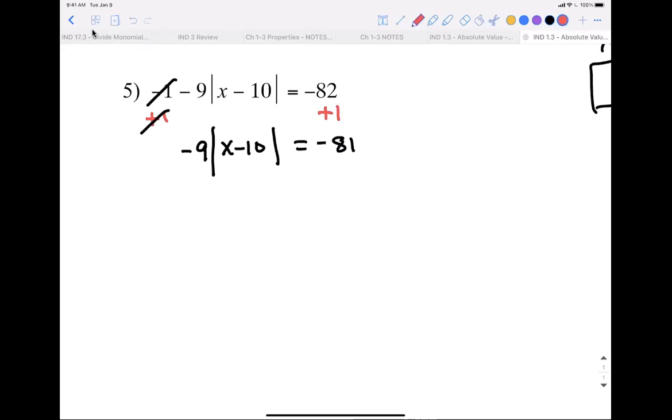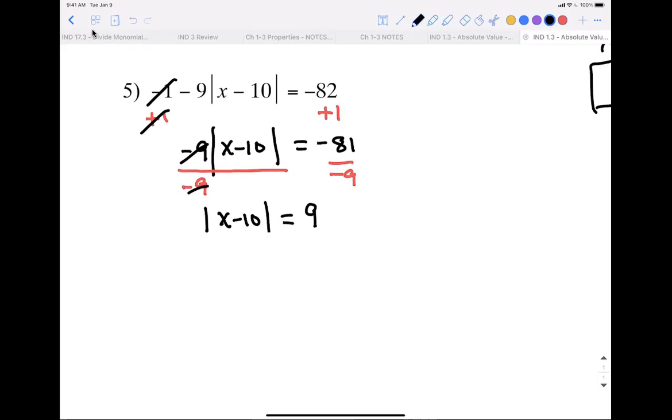So now we're ready to divide -9 on both sides. And when we do that, now we're left with the absolute value of x minus 10 equals -81 divided by -9 is a +9. Now our absolute value is isolated.